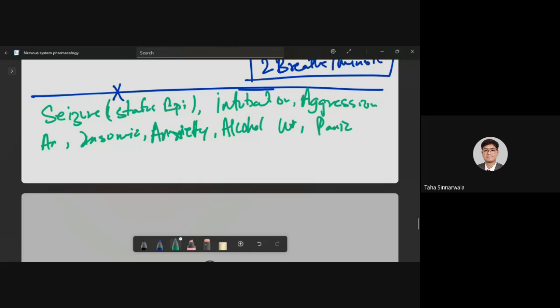So let's just do one thing. We'll add a small note here: multiple uses. But now, why is it that even though benzodiazepines have so many uses, we want to save them only for a certain amount of people? Why do you think so? Dependence.